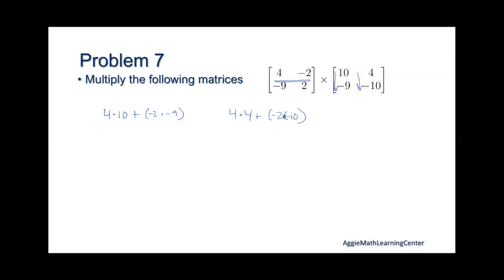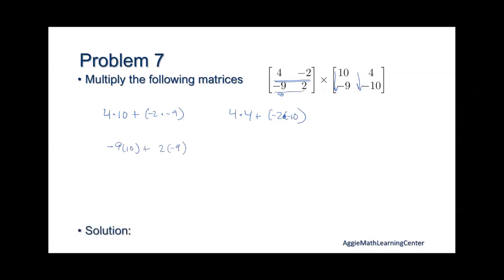And then we're gonna go across the bottom here. So we're gonna get this bottom left spot, -9 times 10 plus 2 times -9.